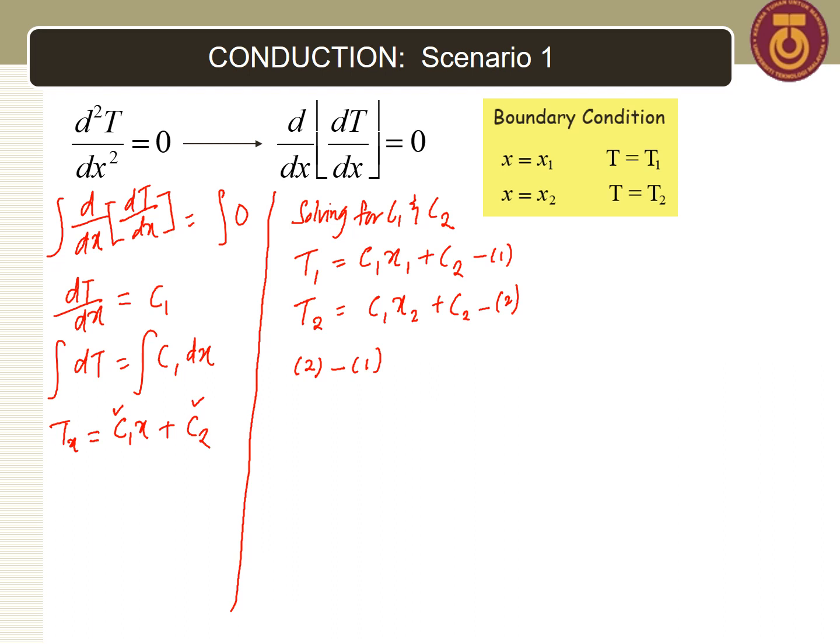So it becomes T2 minus T1 equals C1, we factorize it, x2 minus x1. And we get C1 equals T2 minus T1 divided by x2 minus x1.